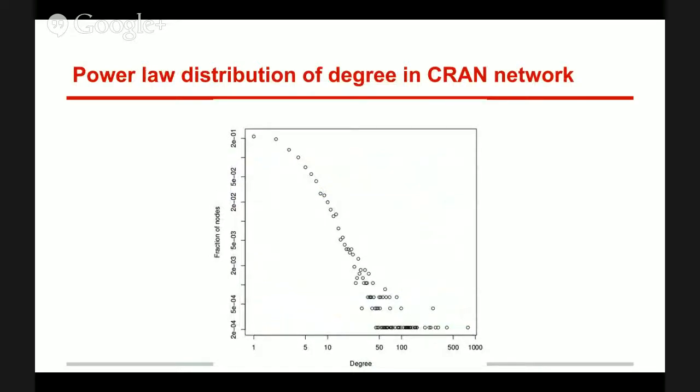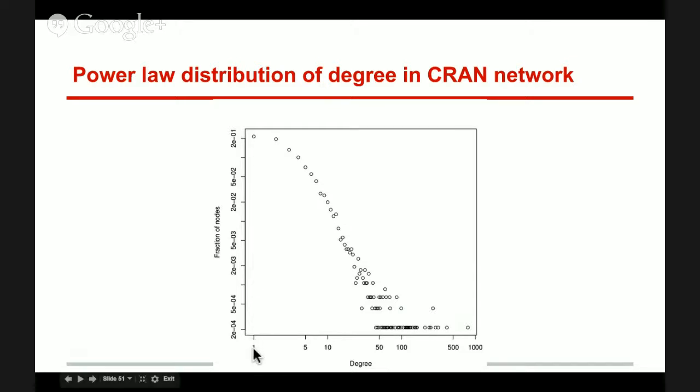And now I try to calculate the degree centrality of each node in the 5,000-node network. And then I plot the number of degrees, and this is the percentage of nodes with that particular degree.